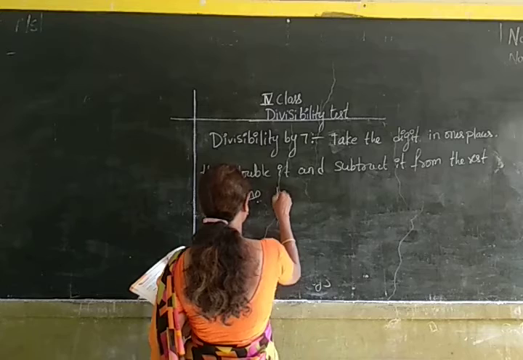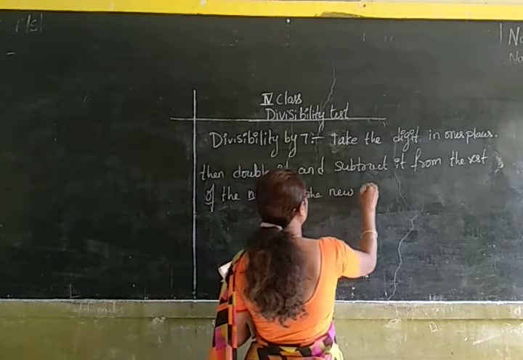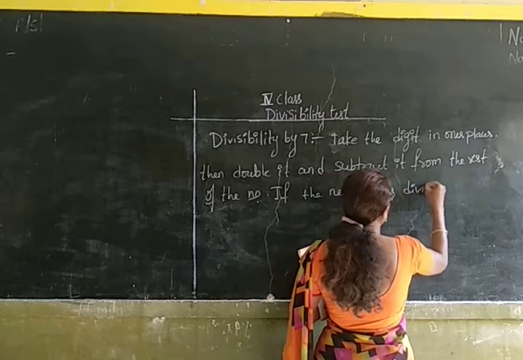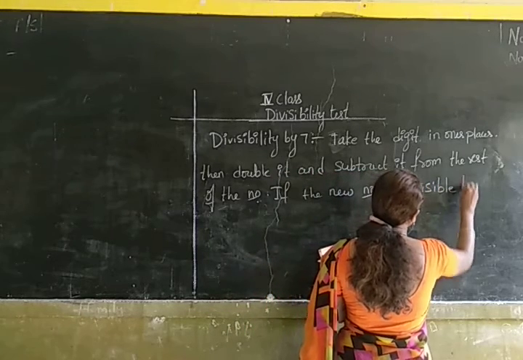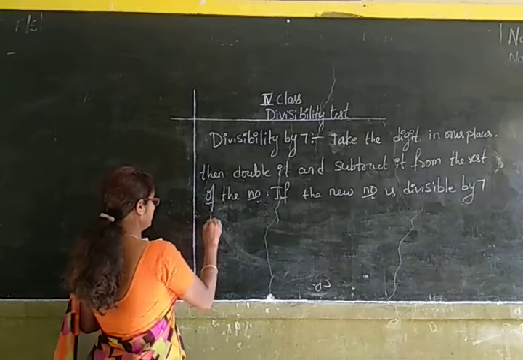If the new number is divisible by 7, then the actual number is divisible by 7.